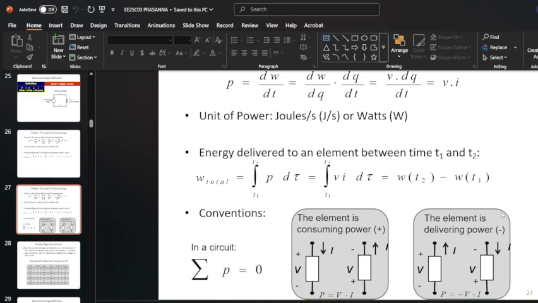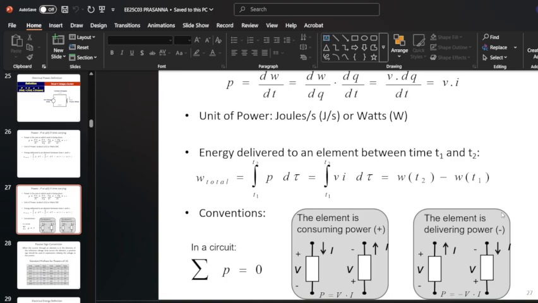So there is no net power, that's the meaning. We can study it deeply in further classes. For now you just need to know that the summation of power in a circuit must be zero, right?